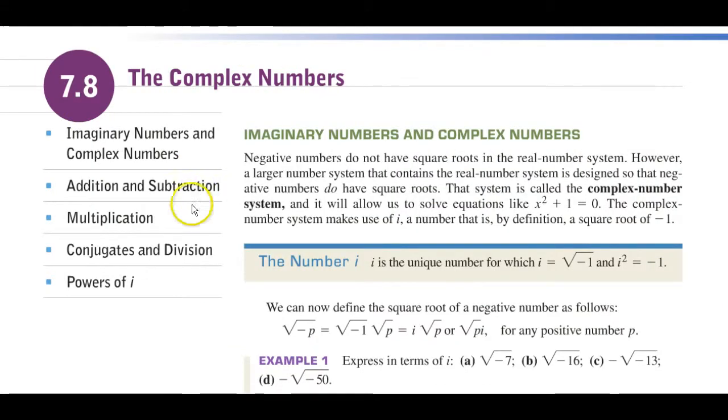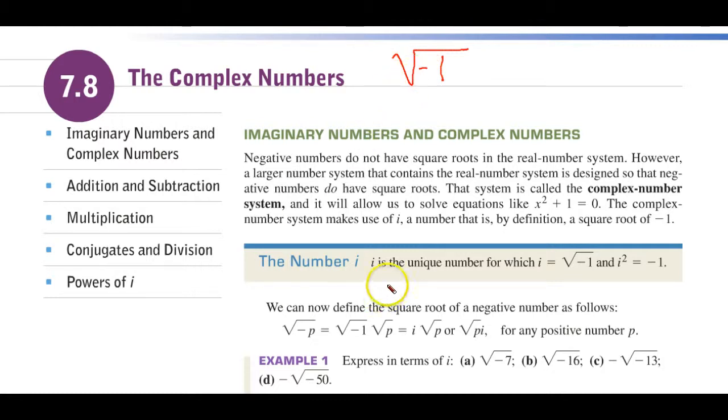Okay, our last topic in chapter 7 will be complex numbers. Now, what is a complex number? Well, so far in our textbook, we have been saying that the square root of a negative number is not a real number.